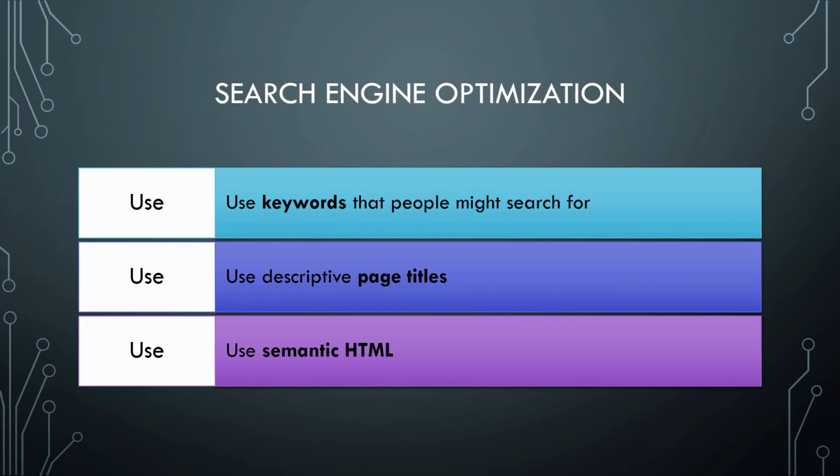Semantic HTML is making sure that you are actually using your HTML properly in a way where the structure makes sense with the elements that you are using. For example, putting your header content inside of a header element, putting your navigation links inside of an element that's actually called a nav element, and so on.